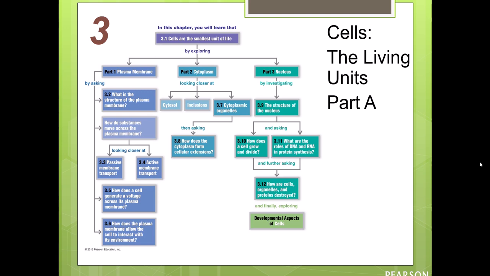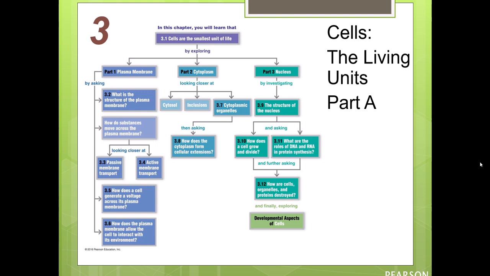We will actually spend most of our time in part 1 about the plasma membrane and part 3 about the nucleus. Part 2 is the cytoplasm, and it's mostly the metabolic machinery of the cells, and there's a fantastic table in your book that covers all of it.